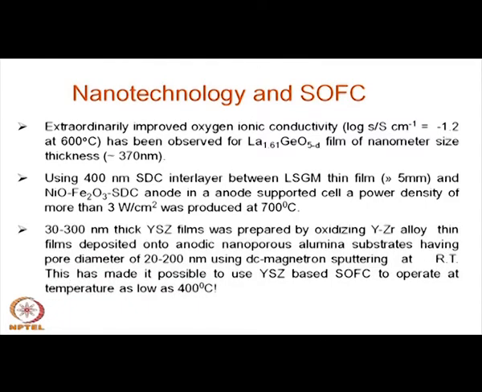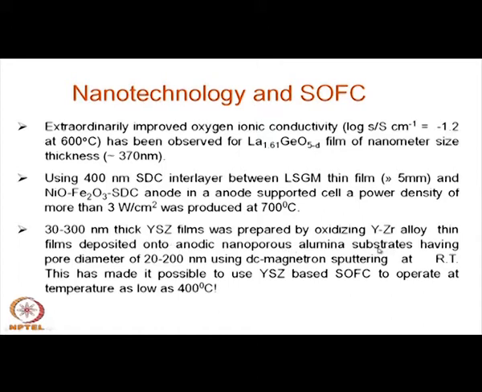Similarly, this is for YSZ films, 30 to 300 nanometer thick films. Normally in our structures we have seen about 20 micron, but in this case we are talking about much thinner, about 30 to 300 nanometer thick YSZ films prepared by oxidizing.